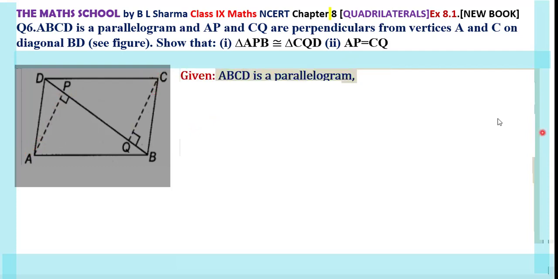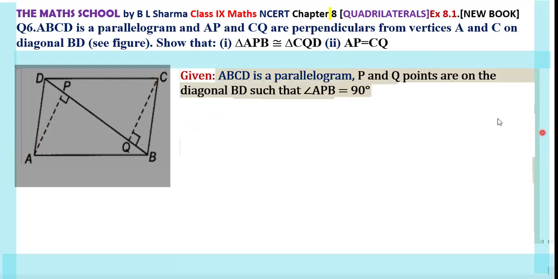What is given? ABCD is a parallelogram. P and Q are points on the diagonal BD such that angle APB is equal to 90 degrees and angle CQD is also 90 degrees.